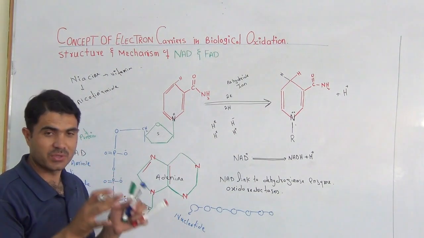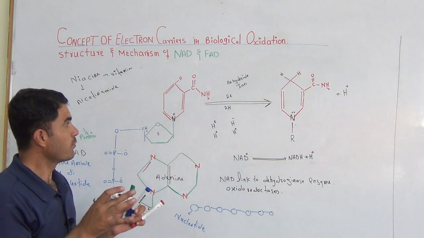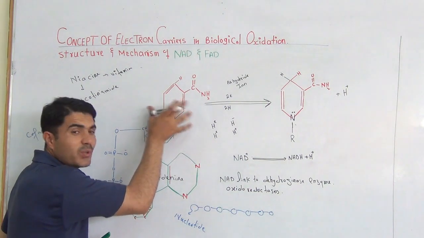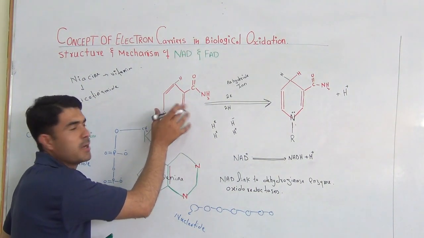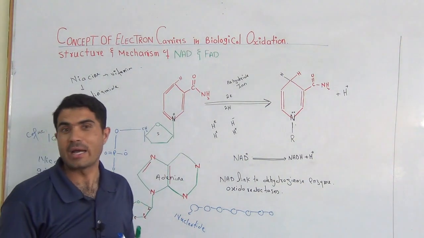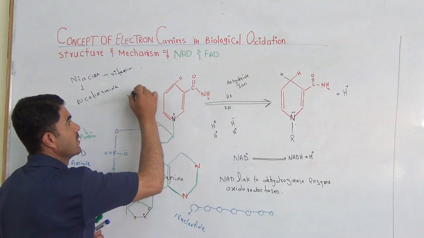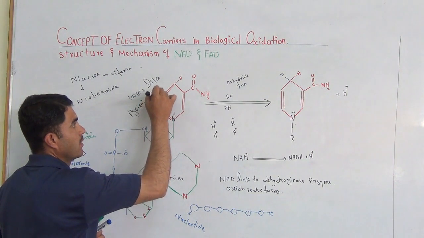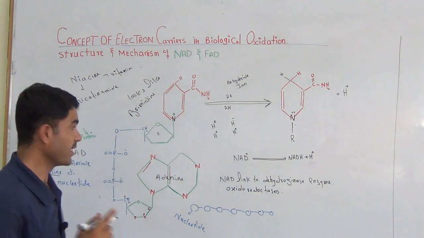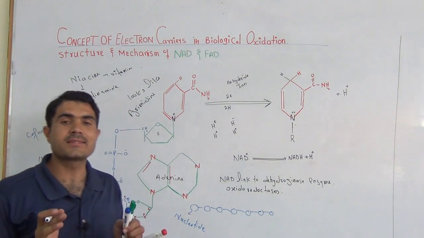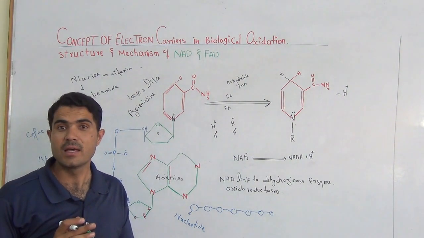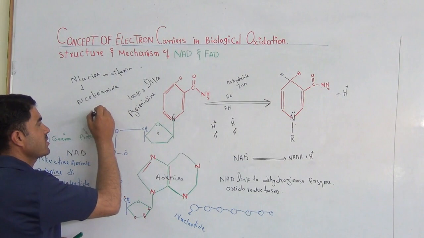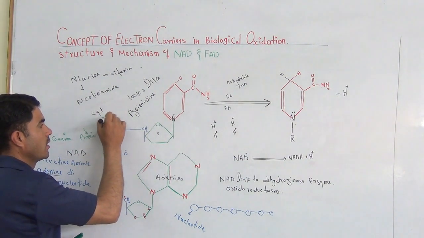In place of the nitrogenous base, we have a nicotinamide ring. I know this is not a typical nucleotide base, but it looks like pyrimidine. What is pyrimidine? Don't worry, pyrimidine is a single ring nitrogenous base. As we discussed in nucleic acids, pyrimidines may be cytosine or thymine.